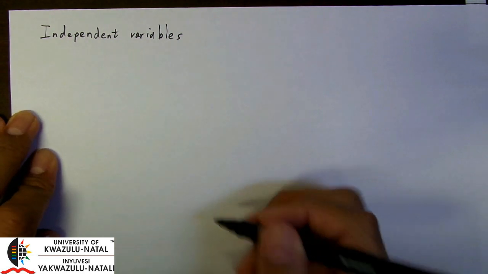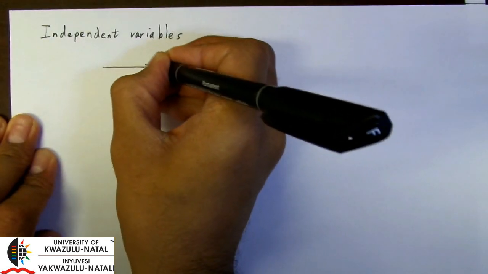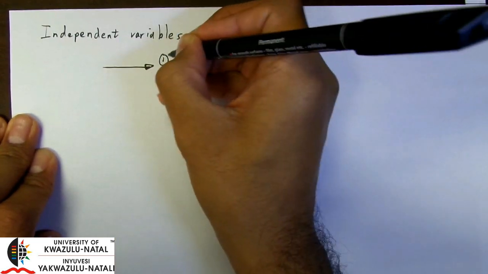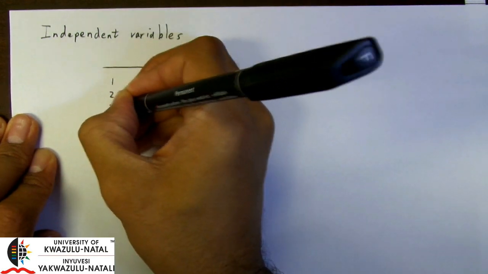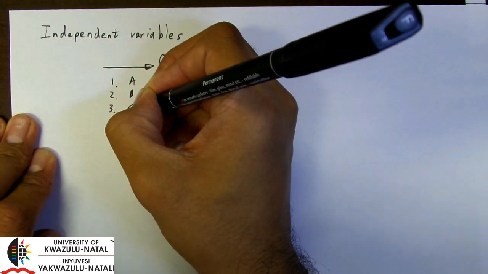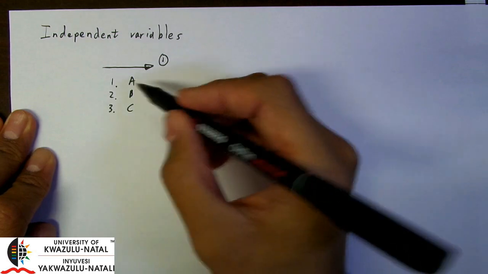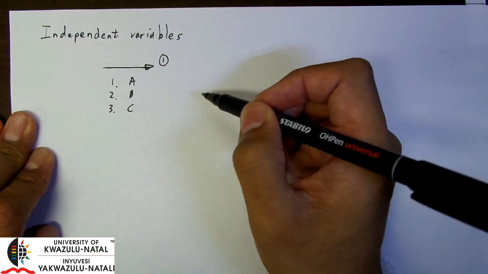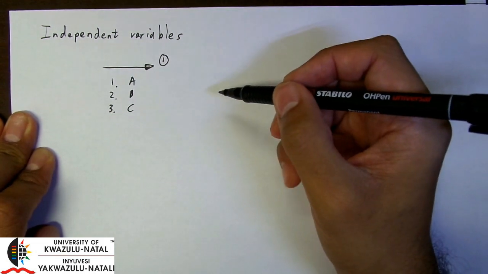Let's look at the feed stream of the separator that we've just worked with. It was numbered as stream 1 and it had 3 components, A, B and C. Now we need to ask ourselves, what do we need to know about the stream in material balance terms?